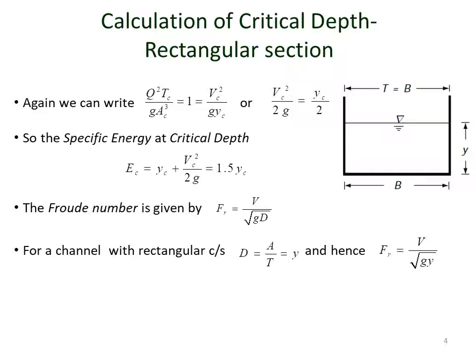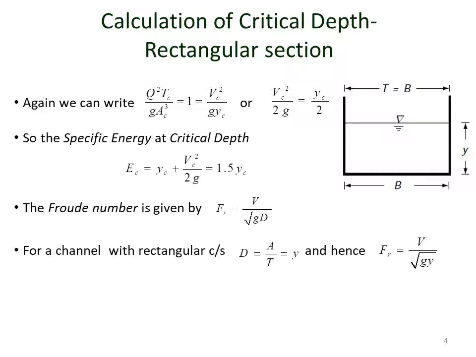So we again invoke the mathematical expression for critical conditions, q square into TC by g capital A cube is equal to 1, which again equals VC square by g YC. I want you to look at the first equation on this slide.